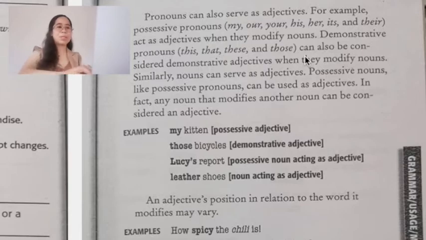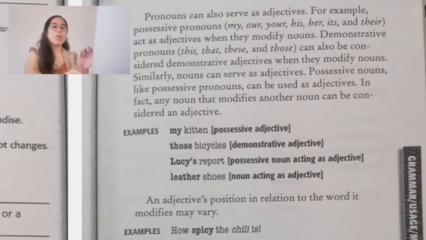If you could see the screen, we have here my kitten. My here is the possessive adjective. Another example, we have those bicycles. Those here are actually demonstrative pronouns that function as demonstrative adjectives. We also have Lucy's report. It is a possessive noun, but it acts as an adjective.